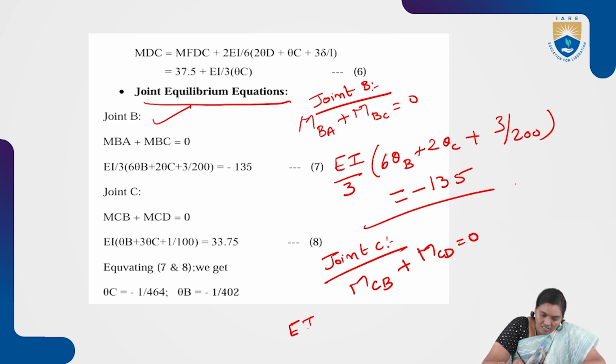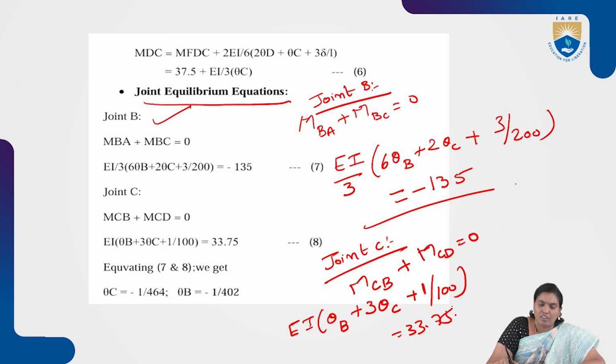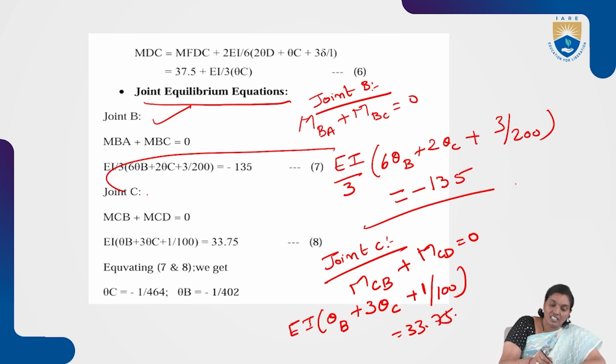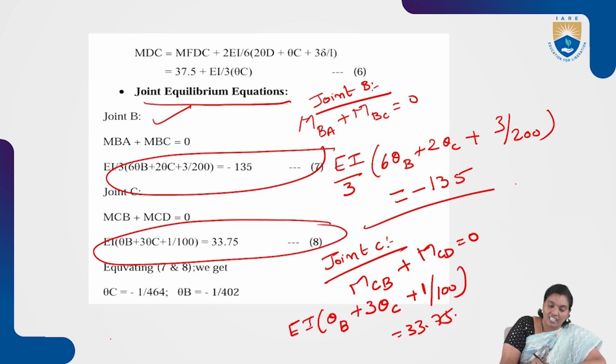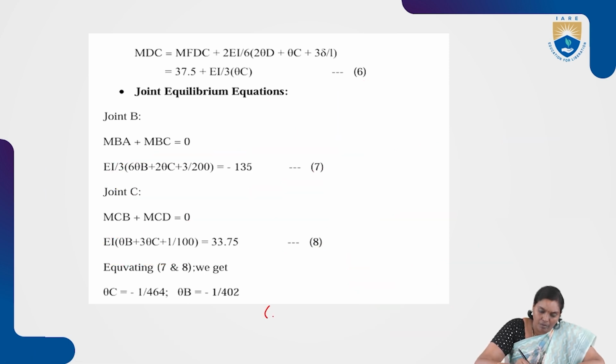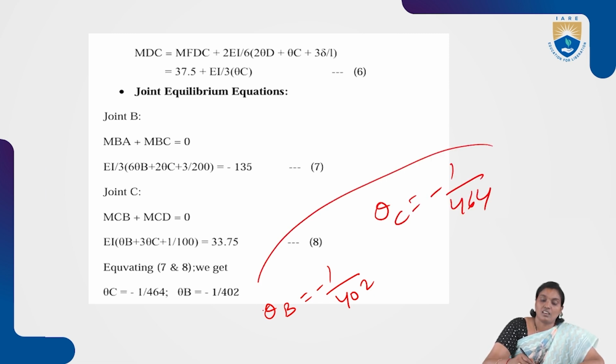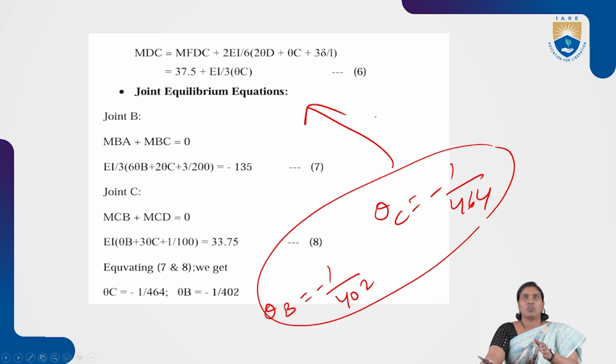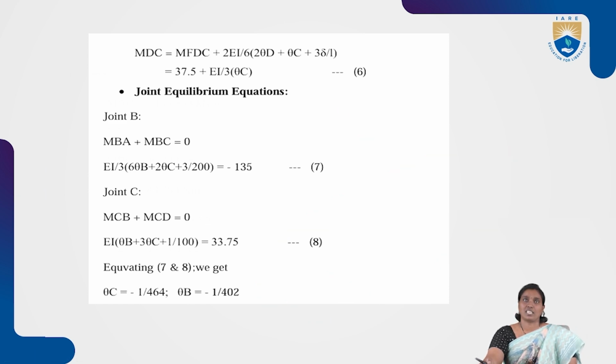So EI into theta B plus 3 theta C plus 1 by 100 equals 33.75. Equating these two, we get theta C equal to minus 1 by 464 and theta B equal to minus 1 by 402.